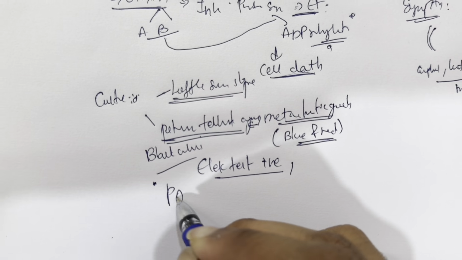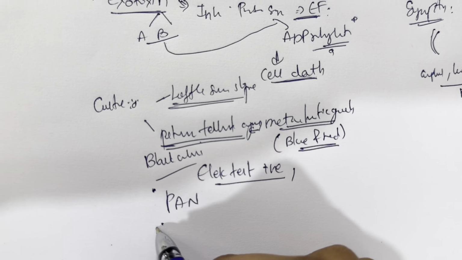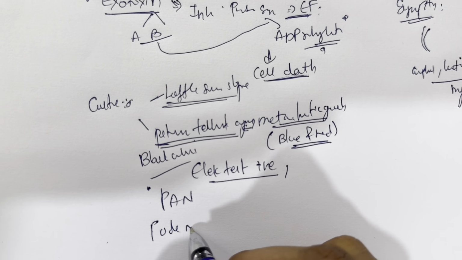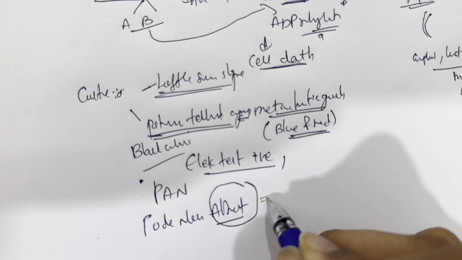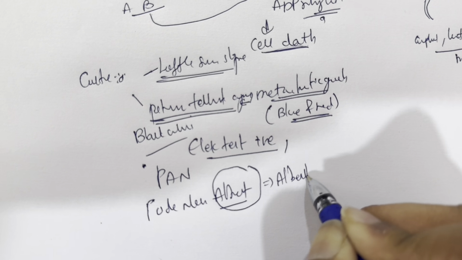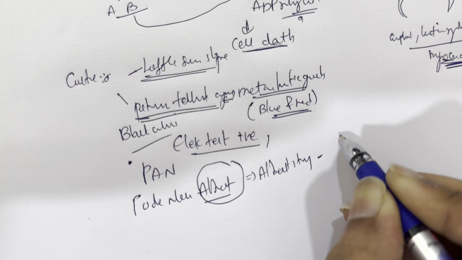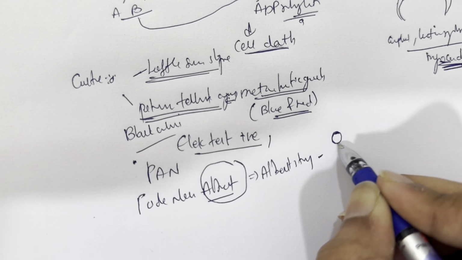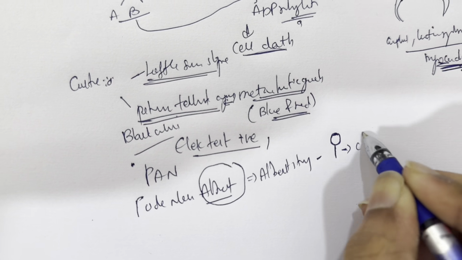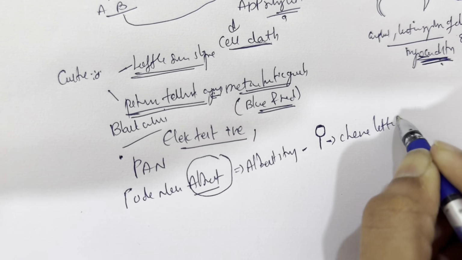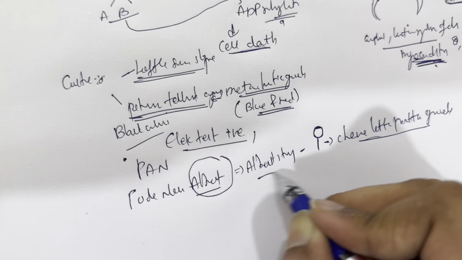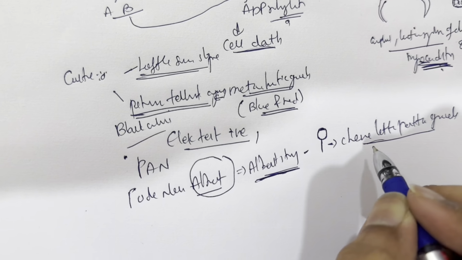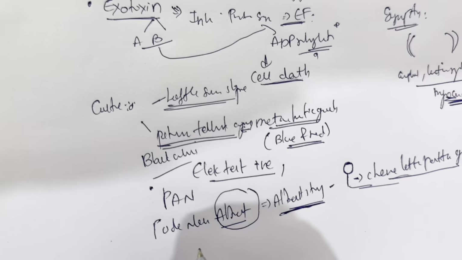Coming to the staining of diphtheria, we have Ponder stain, Neisser stain, and Albert stain. On Albert staining we see polar granules, something like this, in a Chinese letter pattern. You should remind yourself of diphtheria.